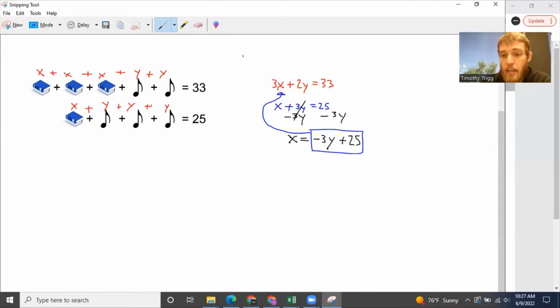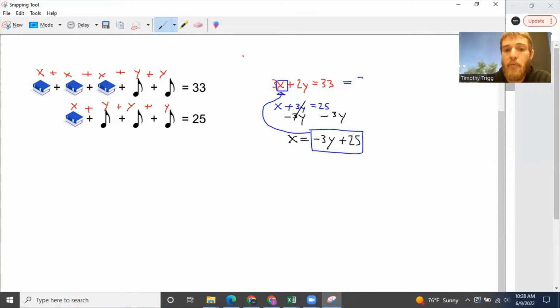Now that we see that x equals negative 3y plus 25, we can grab what x equals and substitute it in for the value of x in the first equation. So we use the second equation and then plug it into the first equation. Sometimes you'll take the first equation and plug it into the second. It just depends on what variable you're able to get by itself. In this case, we were able to get x by itself in the second equation, so we'll place it back into the first equation. So how would I rewrite this equation substituting the x for the value of x?